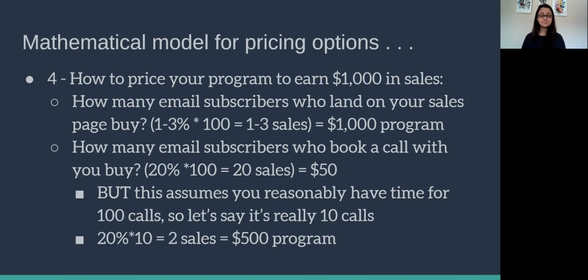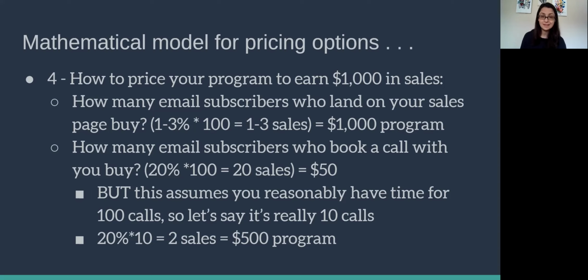So we have 3 of the 4 data points. We're going to plug them into a really simple formula to see, great, now that we have a realistic idea, what should we price our program at? Well, if we're expecting 1 sale based on the first model where we have 1,000 email subscribers, 100 of them click through, we have a one-ish, maybe a bit more % conversion rate, we're gonna get 1 sale.